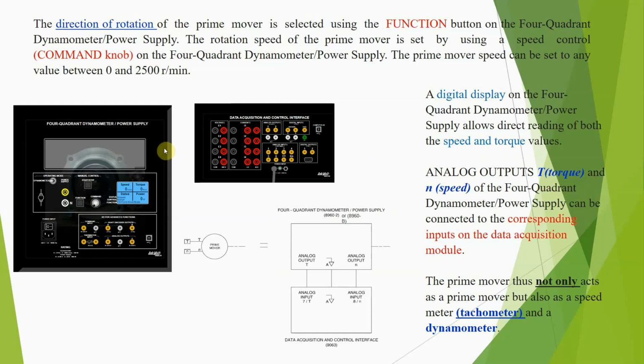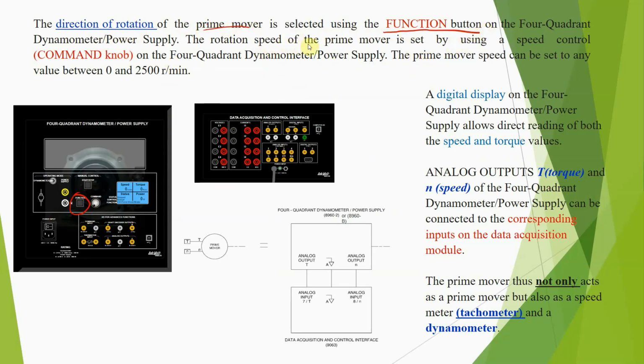But before we go to that slide, let me just explain to you again. The direction of rotation of the prime mover is selected using the function button. So this function button, we are going to use to select the direction of rotation of the prime mover of the machine, right?